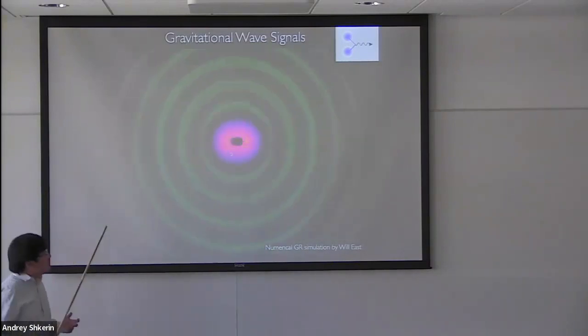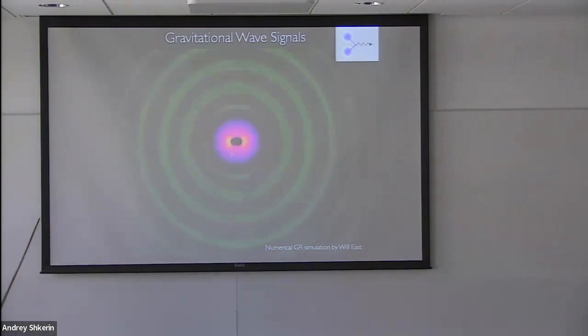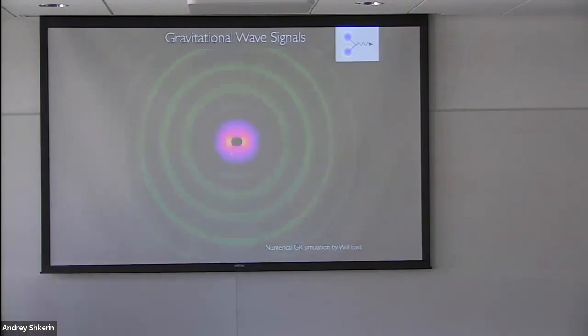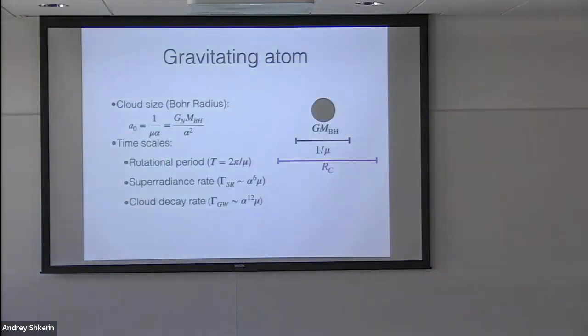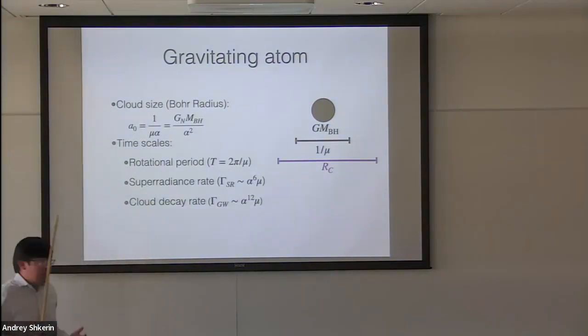And during this process, it gives you a time-dependent moment and the mu, which leads to emission of gravitational wave. The green things are gravitational waves that are emitted from the system. That's basically all I want to say about this superradiance effect.